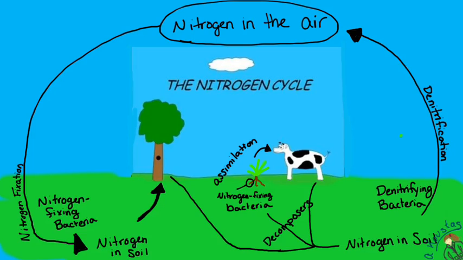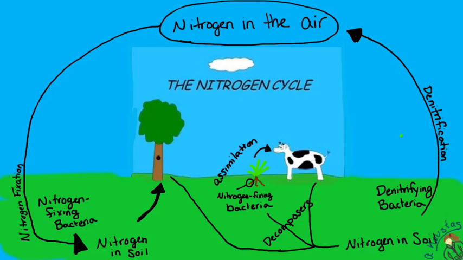They're taking it from the air, putting it into the soil. They take it from the soil, put it back into the air, and they also turn it into forms that plants can take up. And once again, as plants and animals die, it's bacteria and fungi, which are another kind of decomposer, that take the nitrogen from dead plants and animals and return it back into the soil.